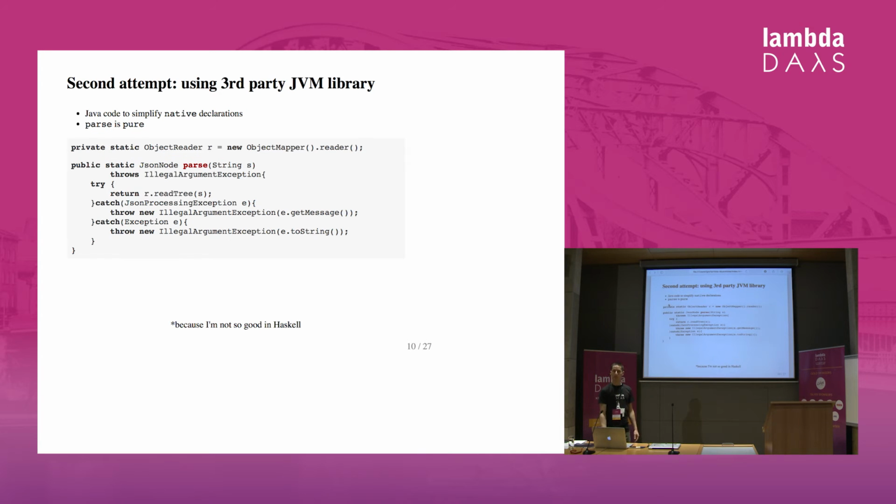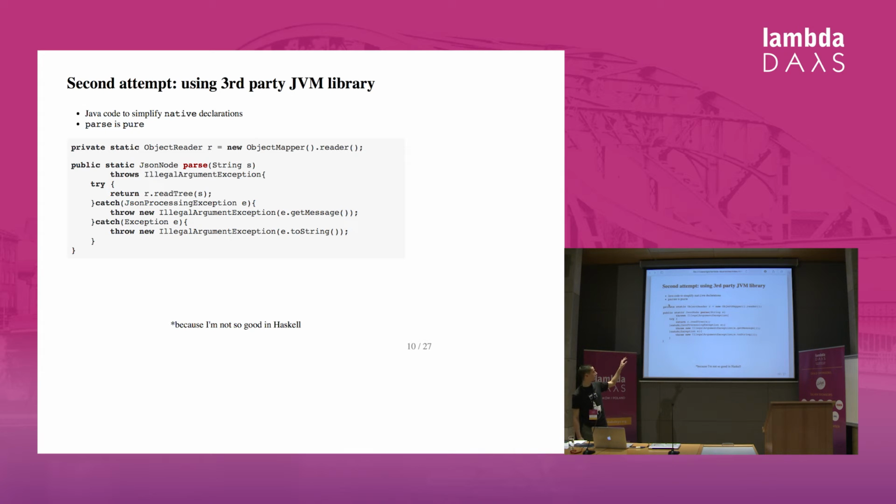Because my background is mostly Java developer and not so good at Haskell, now I will write a tiny Java wrapper which allows me to have a pure function that is easy to use from Frege. So I create an object reader R. This type, object reader, is immutable.